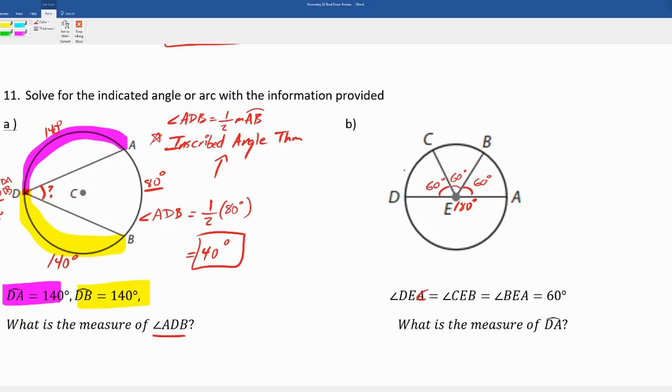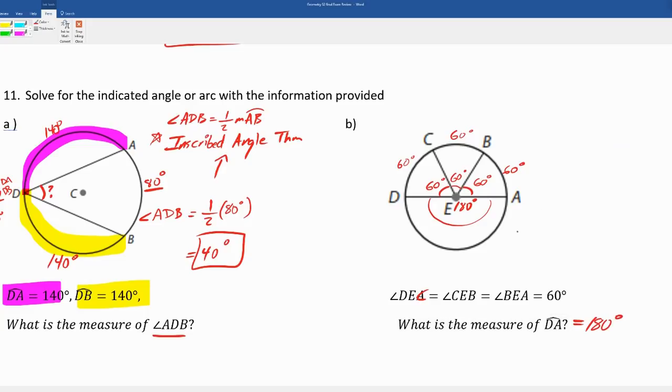Well, if their central angles are 60 degrees, that means their arcs are also 60 degrees, right? Their corresponding arcs. What is the measure for DA? Well, if DEA is 180 degrees, what's the other half of a circle? 180 degrees, right?